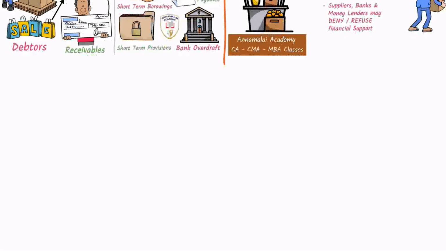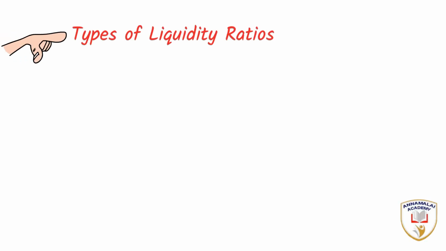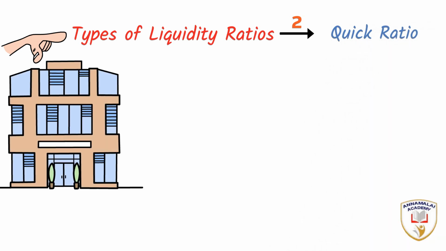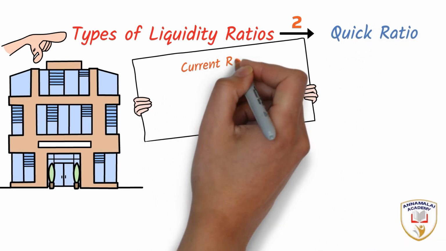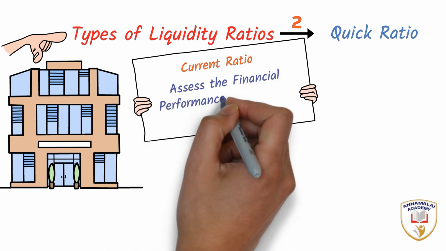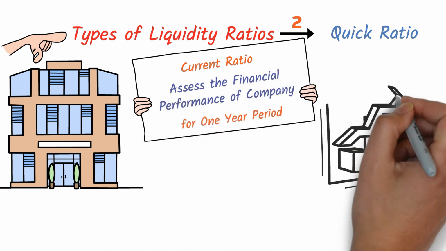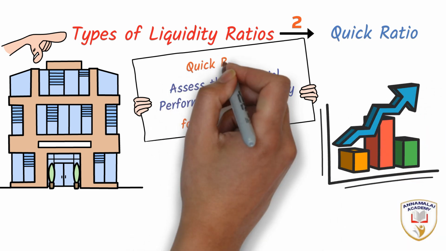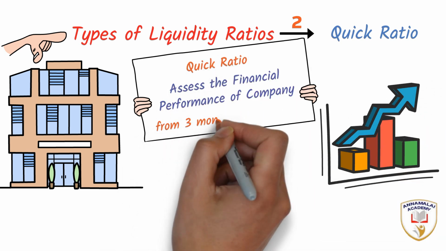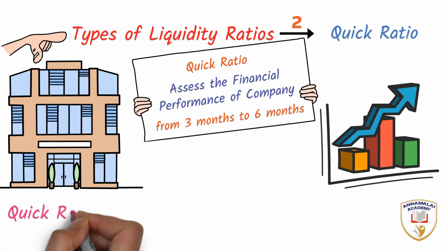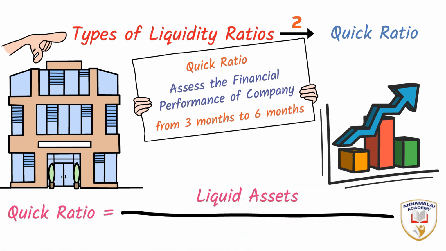The next category of liquidity ratio is the quick ratio. When current ratio speaks about a 1 year duration, quick ratio covers a shorter duration, say 3 months to 6 months. Now quick ratio is liquid assets divided by liquid liabilities.